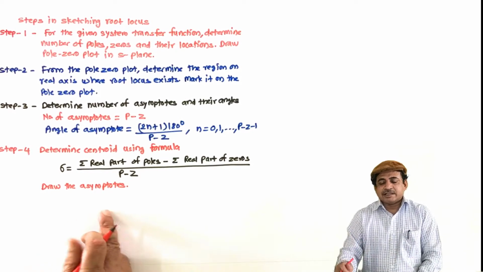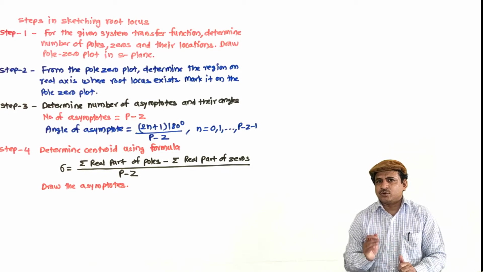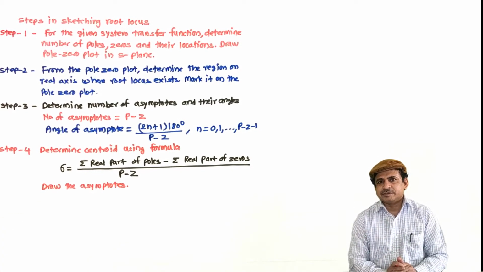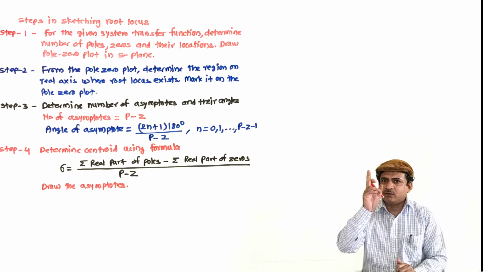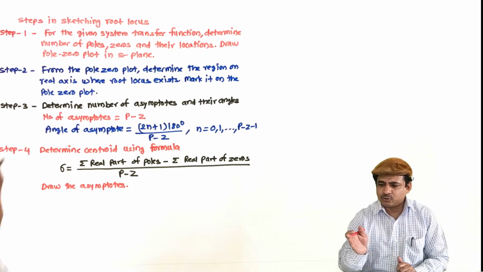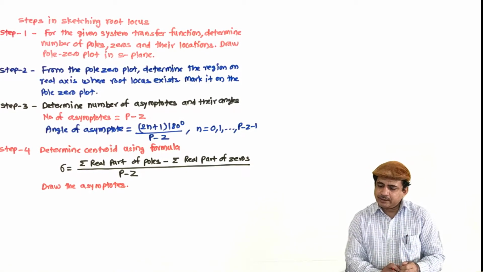Now, these asymptotes are never part of the root locus, because the root locus moves towards infinity along them, and will touch an asymptote only at gain k equal to infinity. Meanwhile, it just moves closer to the asymptote but not on it.